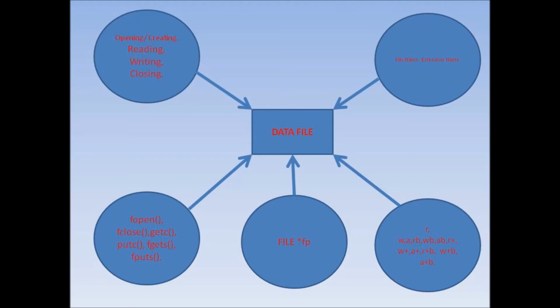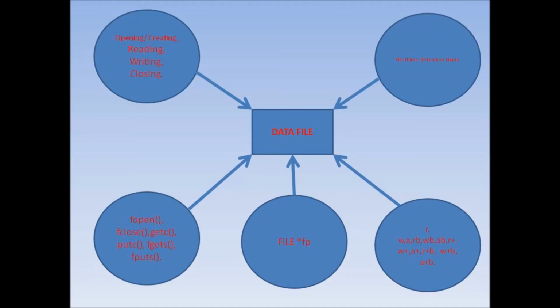So as getc is used to read a character from a file, similarly putc is used to write a character to a file. Another function is fgets. The fgets function is used to read a file line by line.